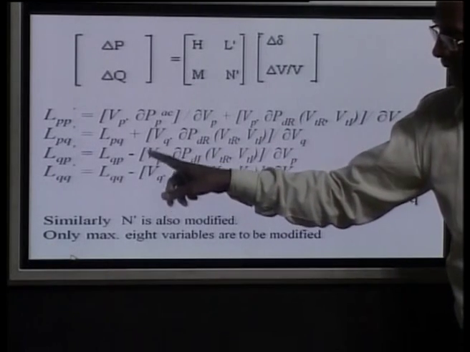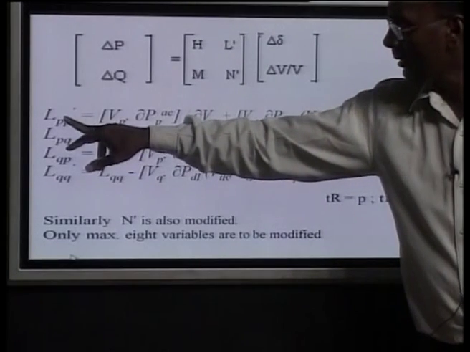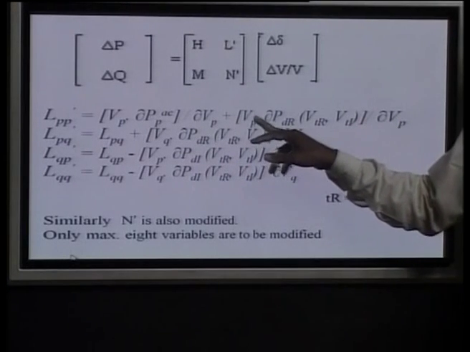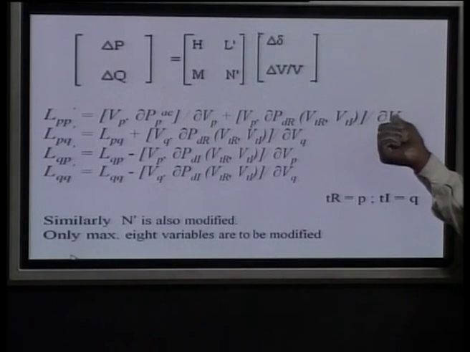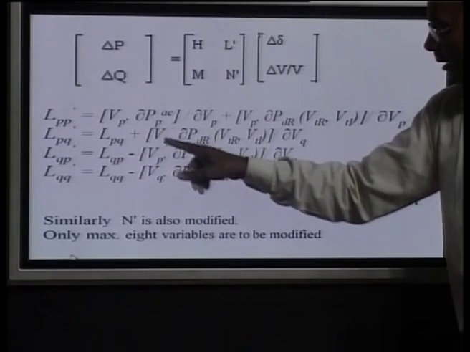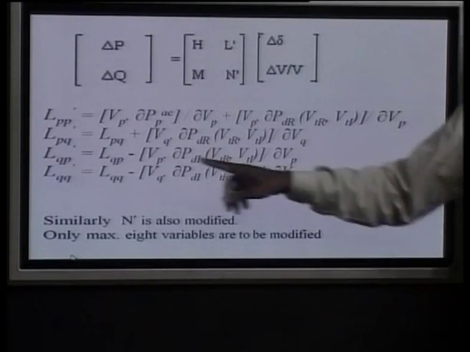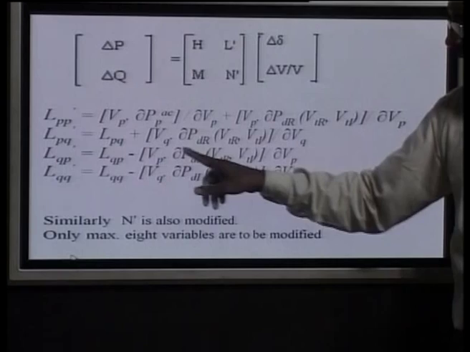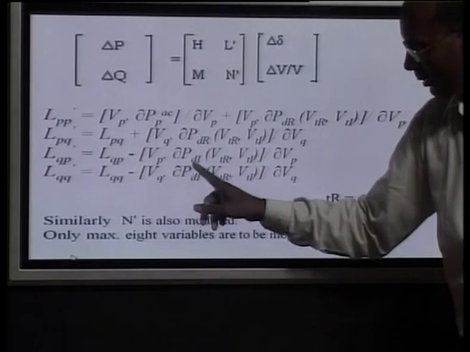So, instead of negative, that becomes positive as well for the Q. So, in this case, N PP prime will be N PP plus the VP into del QDR differentiated with your del P. Here NPQ prime will be NPQ plus the VQ into del PDR differentiated with your del VQR. NQP prime will be your NQP plus, and this only changes your Q. Here also this is N plus, and here it is going to change QDI.